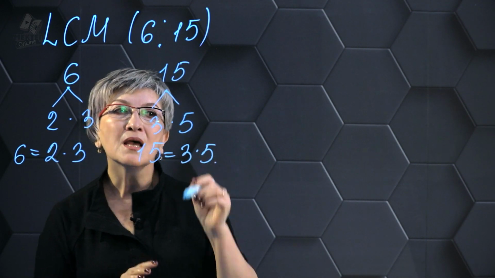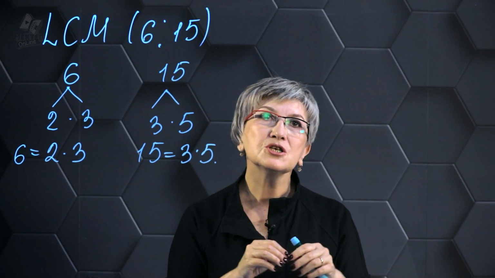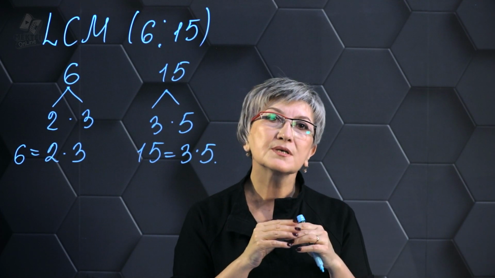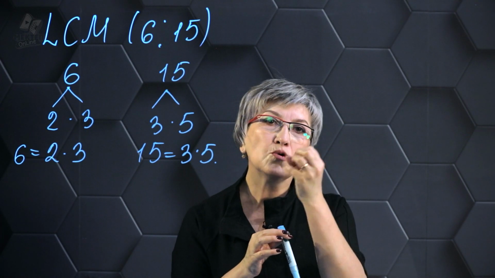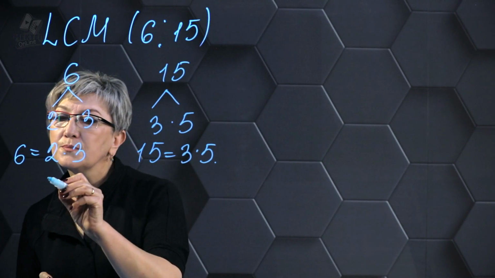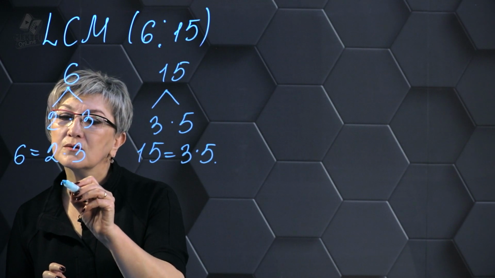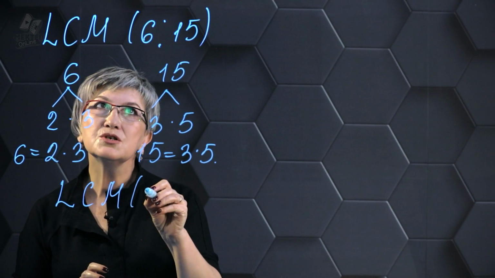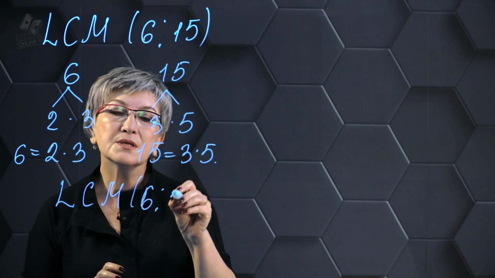So I stop and write 15 equals 3 times 5. As you grow older and handle larger numbers, you won't always need to break them down into their prime factors. You just need to find the common divisor of these numbers. All right, now I'm writing the least common multiple of the numbers 6 and 15.